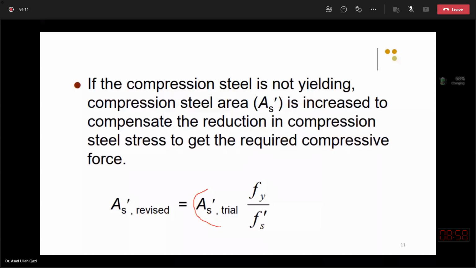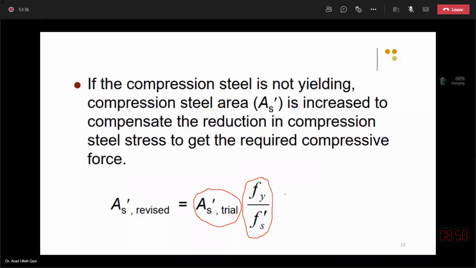How will I enhance it? By multiplying it with the ratio of Fy over Fs prime. So the amount of drop in force, I will compensate by multiplying it with the ratio of Fy over Fs prime. Because suppose it is 420 grade steel, I assumed that steel is at yield, so I assumed it is at 420.